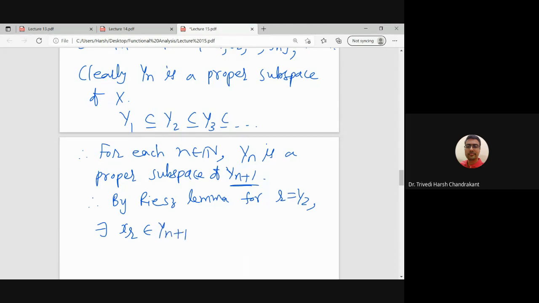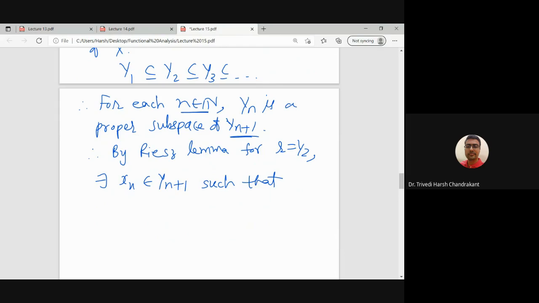This xr we will call xn because it depends on n. For every n we are choosing one vector. So there exists one vector in Yn plus 1 on the unit sphere, that means its norm is 1, and r is less than or equal to the distance of xr, that is xn, from Y, where Y is Yn and r is half.